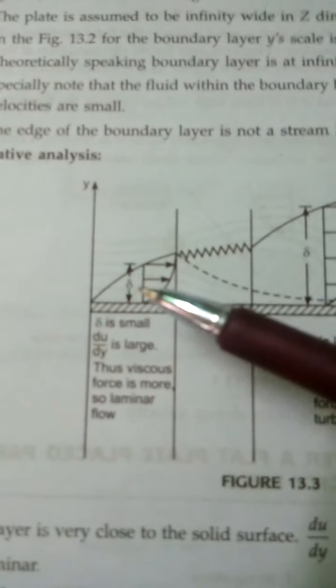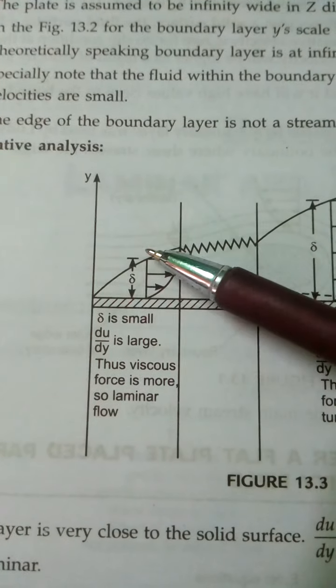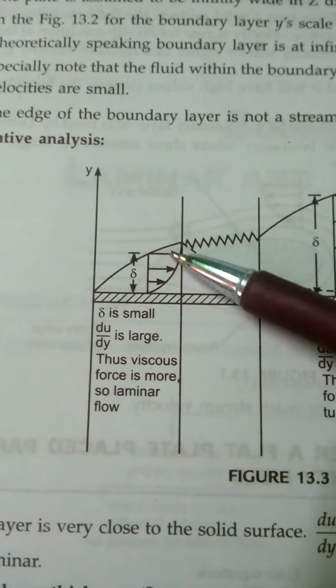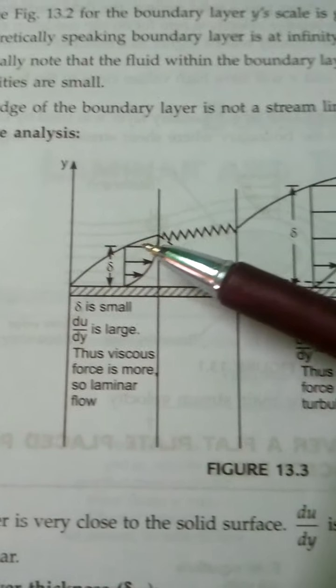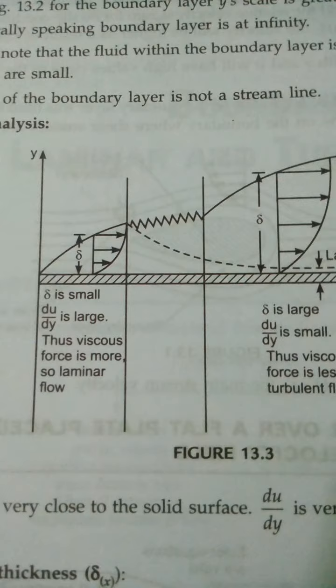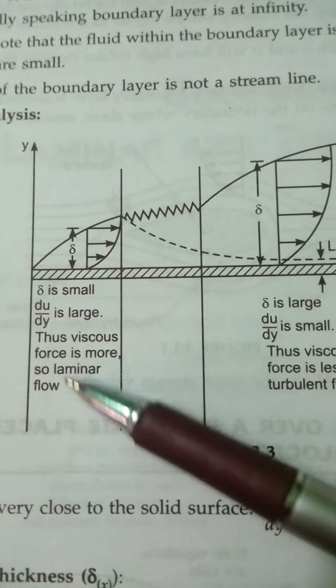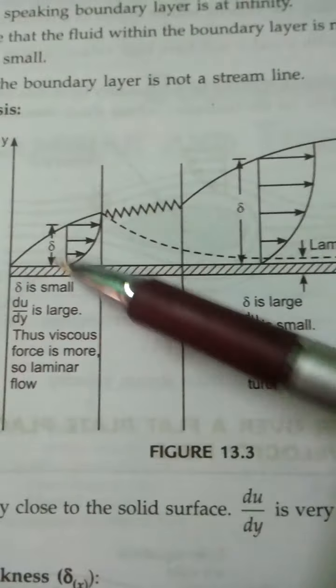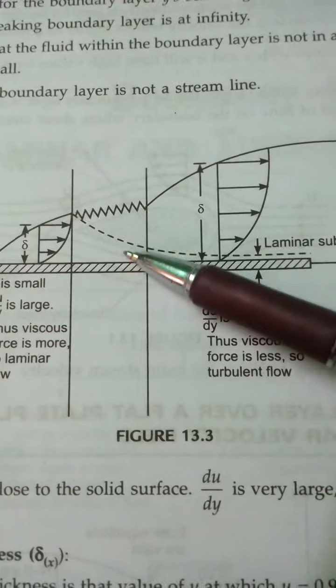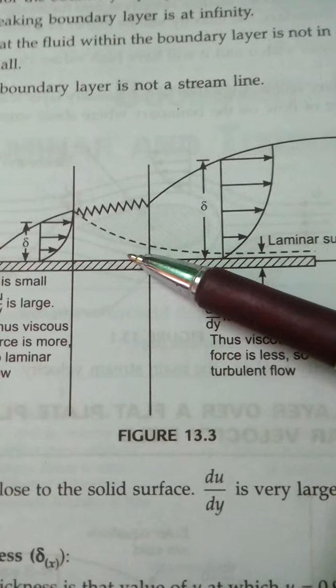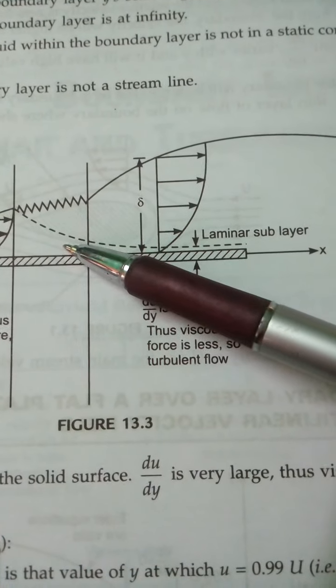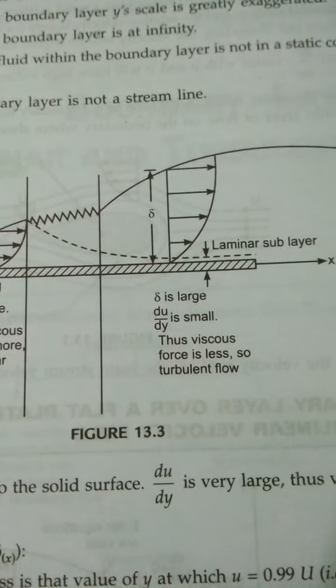Here I have shown you the boundary layer thickness, and here u is equal to 99% of U. This is self-explanatory. Now below this dotted line is the laminar sublayer, very near to the plate.